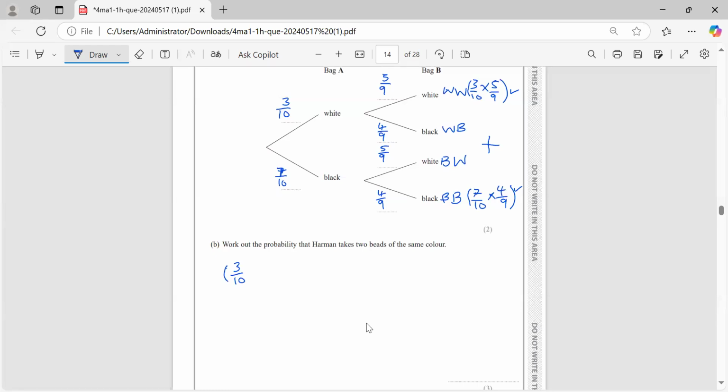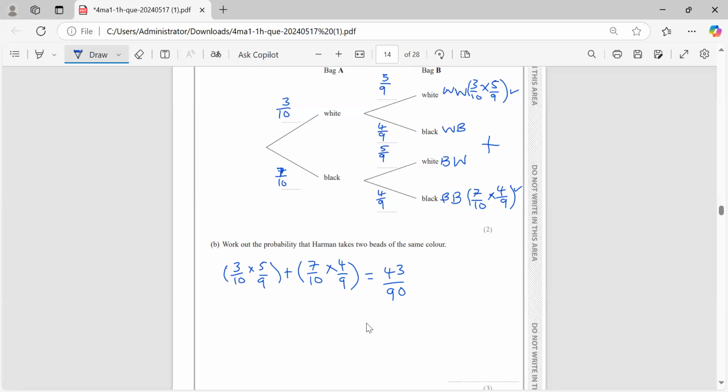So in short, we're just going to write 3 over 10 times 5 over 9 plus 7 over 10 times 4 over 9, right? So if you solve this, you're going to come up with 43 over 90, right?